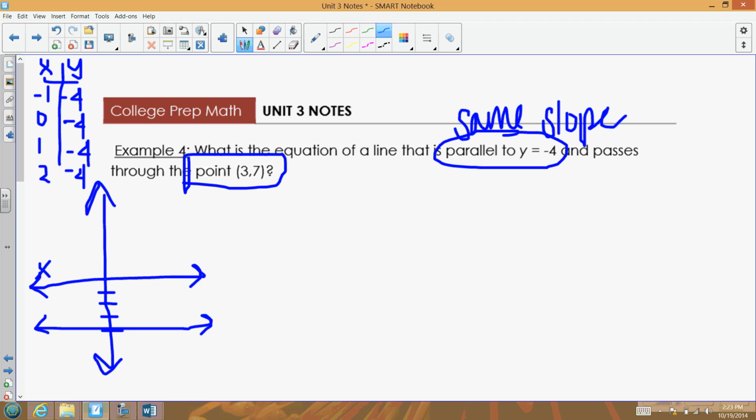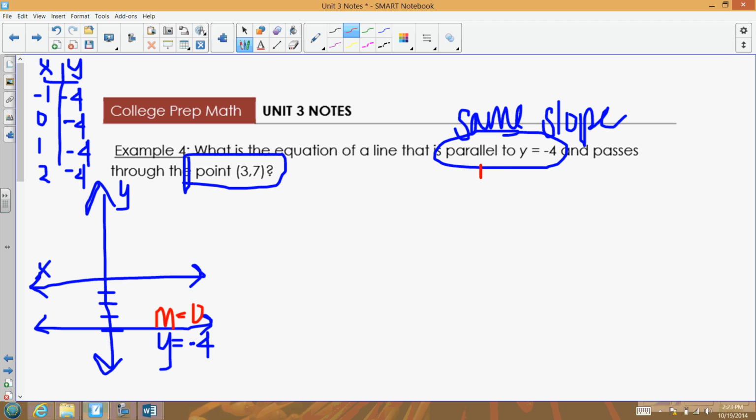So if this is your x and y axis, this would be the line y equals negative 4. Remember, they're always opposite. The equations of lines are always opposite the axes. So since y is a vertical axis, y equals a number is going to be a horizontal line, because along any point on that line, y is always equal to negative 4, but x is changing. So the slope of this line, we know that the slope of any horizontal line is always 0.